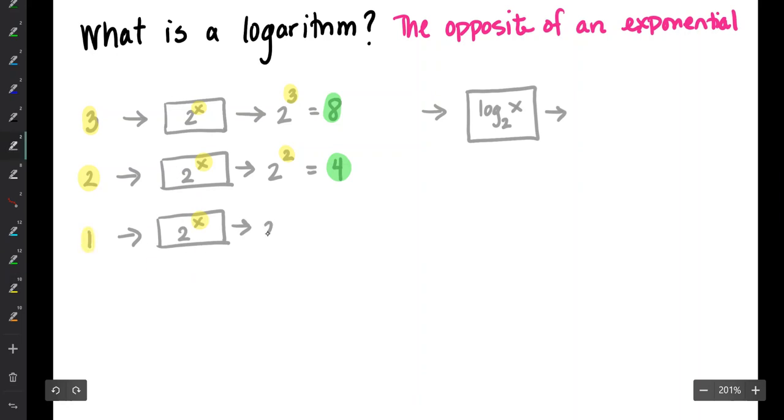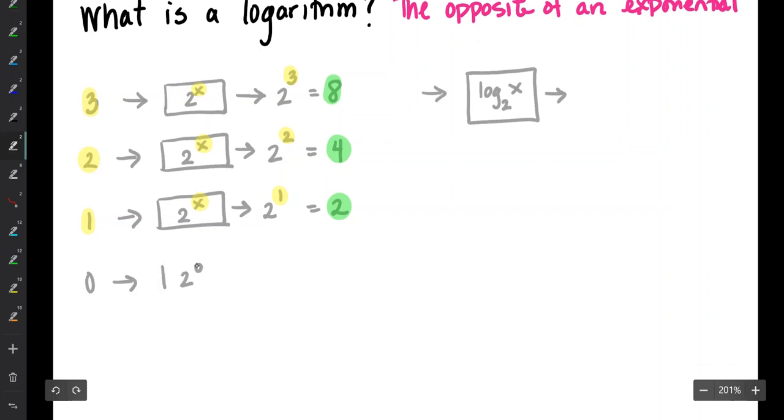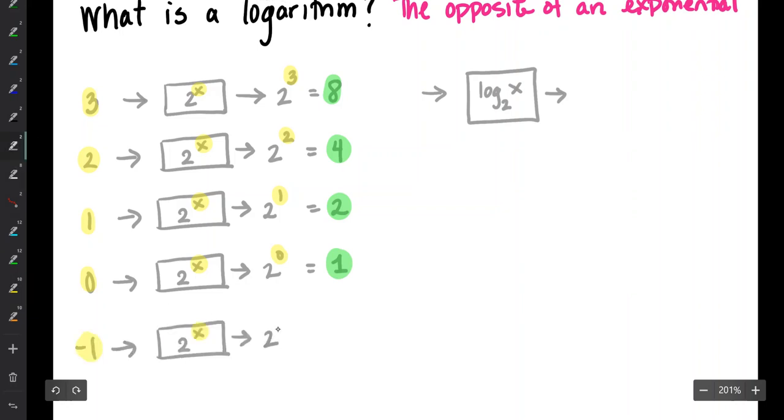What's going to come out is 2 to the 1, which is equal to 2. Let's do 0 and minus 1. 0 goes into the 2 to the x. Out comes 2 to the 0, which is 1. Minus 1 goes into the 2 to the x. What comes out is 2 to the minus 1, which is notation for the reciprocal of 2. A half comes out.